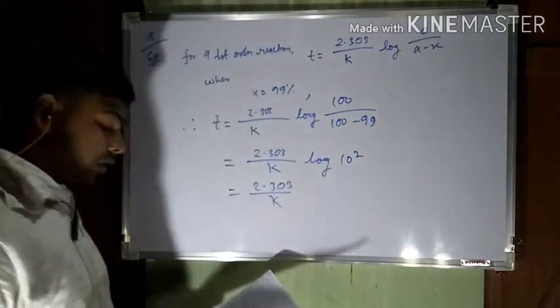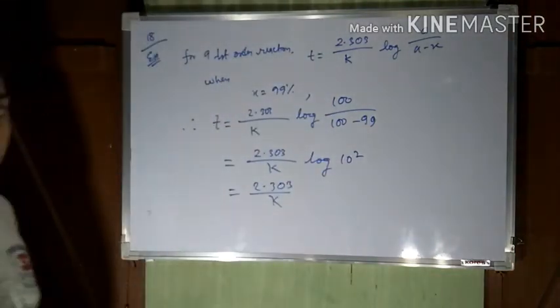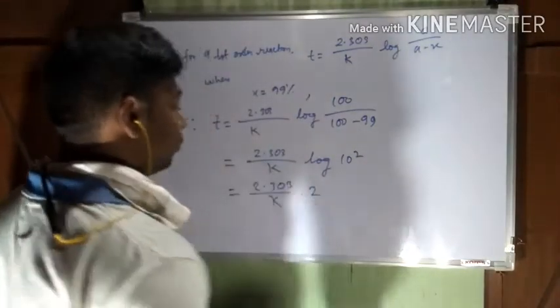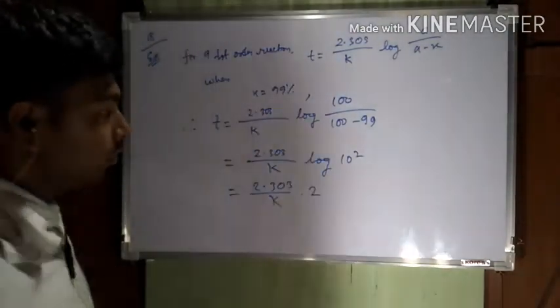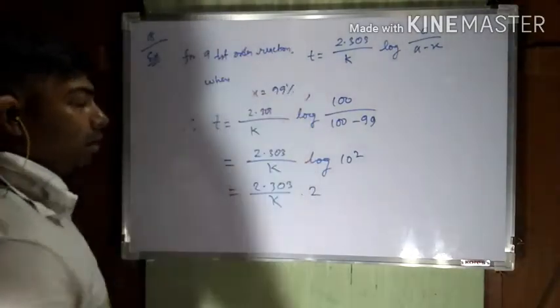Log of 10 squared equals 2. This is for 99% completion.